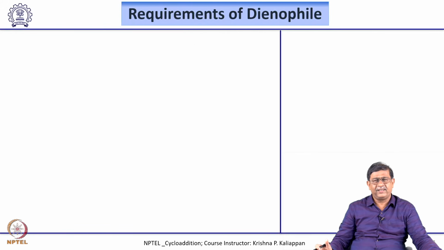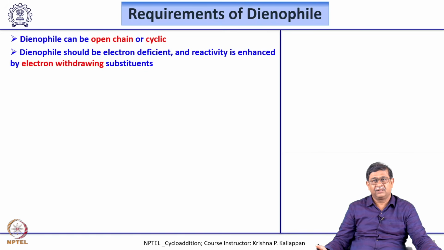Okay. Likewise, what are the requirements of dienophile to be used in Diels-Alder reaction? Like dienes, dienophiles also can be open chain or cyclic compound, but for a normal 4+2 cycloaddition to take place, the dienophile should be electron deficient, or in other words, electron withdrawing groups should be attached to the double bond.